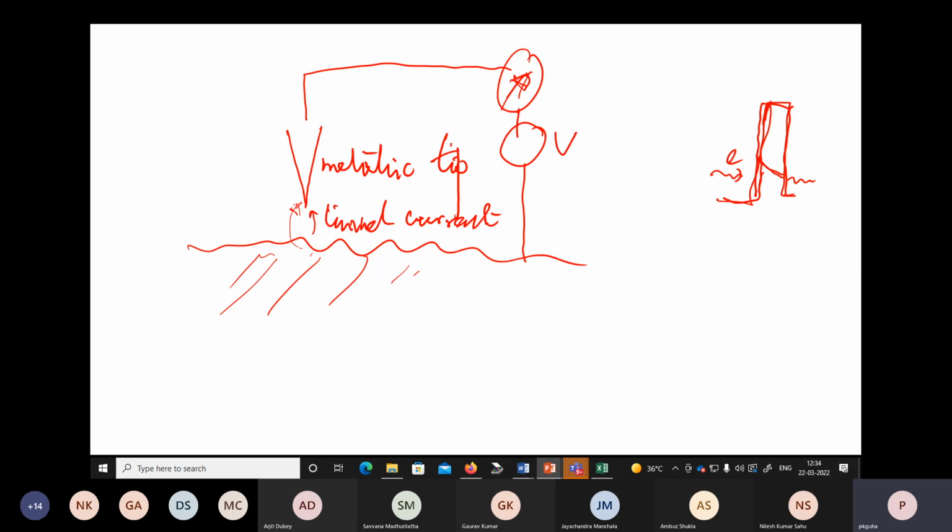One bottleneck of this particular technique, the STM technique, is that your sample has to be conducting. If it is not conducting, you hardly get tunnel current. But this is very sensitive equipment. In our lab we have an STM, so we don't use it in the daytime, we use it at night when there is no one in the department.